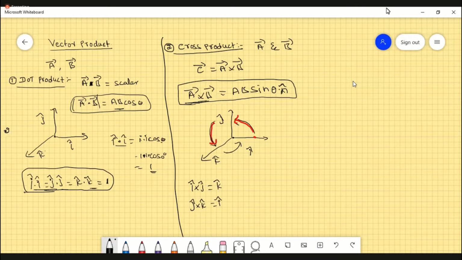If your fingers are along the x-axis and y-axis, the result will be the z-axis. Similarly, k cross i equals j cap.